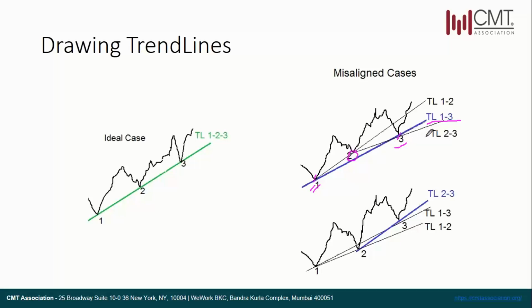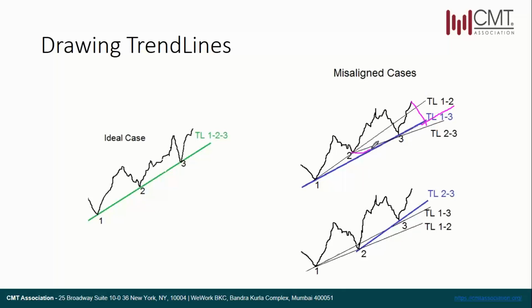On the other side, if you were only to look at this particular trend line joining 2 and 3, it can still work. But there is one more issue: it is going to be at a much lower level. So in case going forward there is a breakdown, the trend line joining 2 and 3 is going to be at a much lower level, because this line joining 1 and 3 is more rising in nature, and it can give me an early indication of a trend reversal.